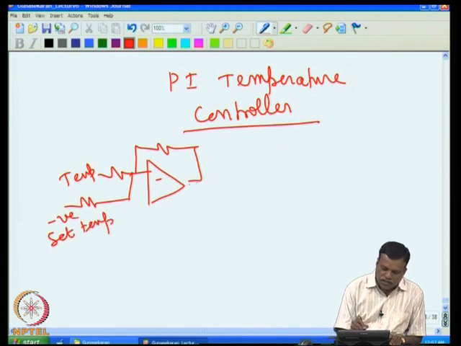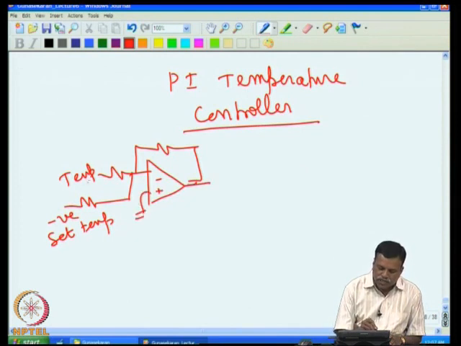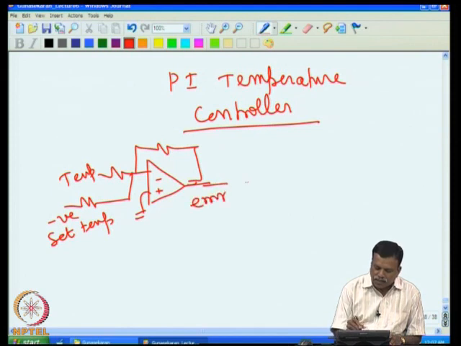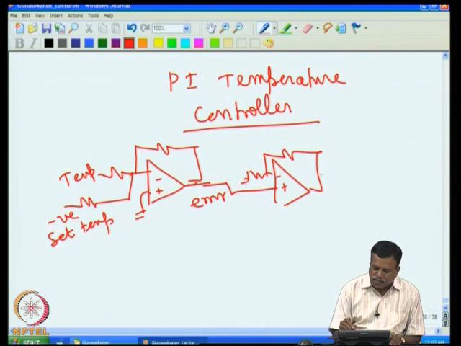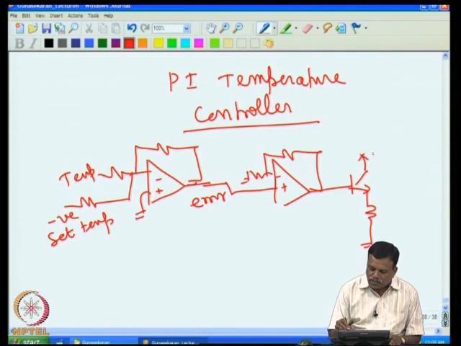So we got the difference between the set temperature and the actual temperature. This difference is called the error voltage. The error voltage is amplified and then given to the heater. The error voltage was amplified by gain times, and then that was driving the heater. This is what we had done for the proportional controller.